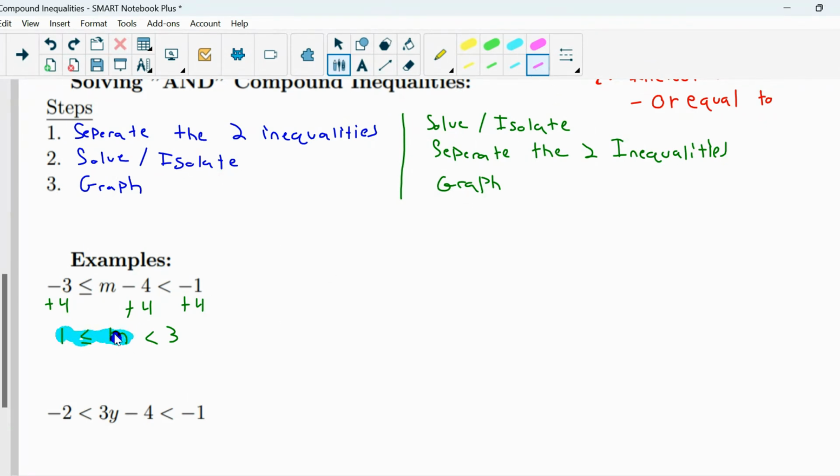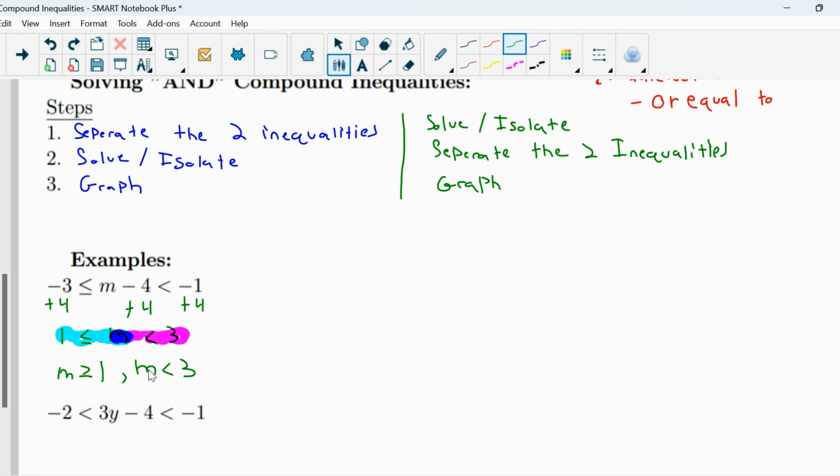We have our inequality on the left and our inequality on the right. So let's go ahead and separate them. Let's write them in the way that m is on the left side. So for our first one, we have m is greater than or equal to 1. And in our second inequality, we have m is less than 3.